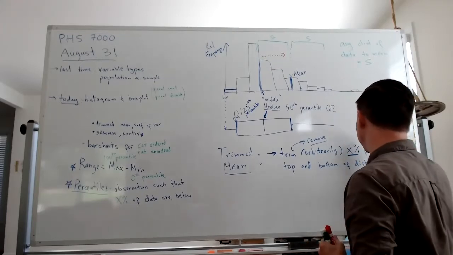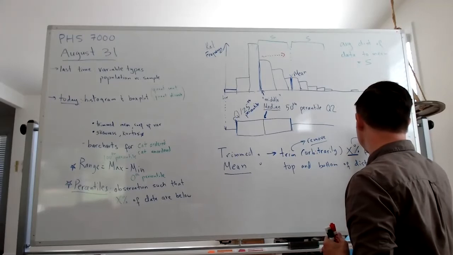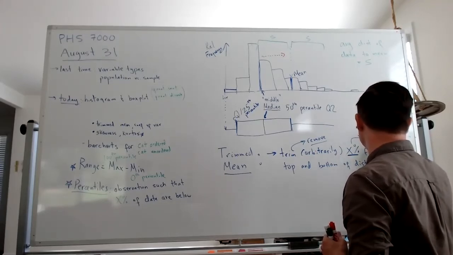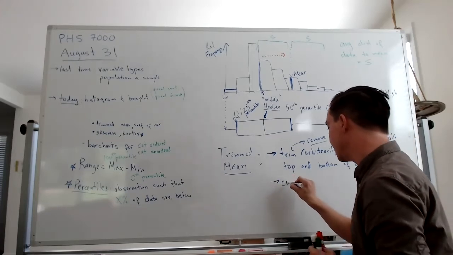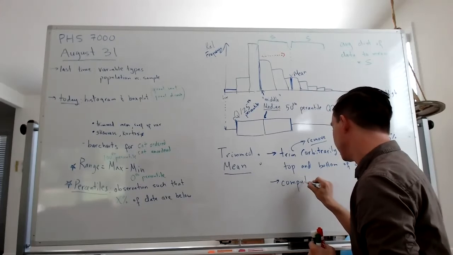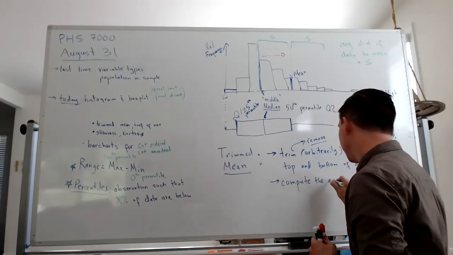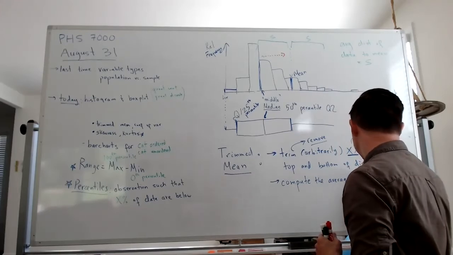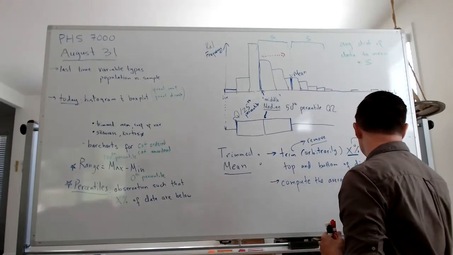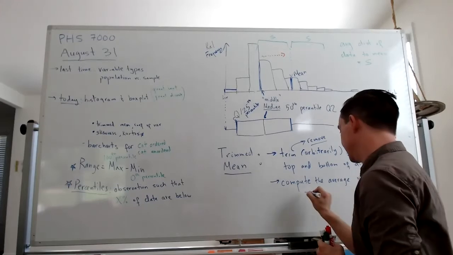And usually this number is something around 5% or 10%. So then you are computing the average, just a regular average, using the trimmed data.